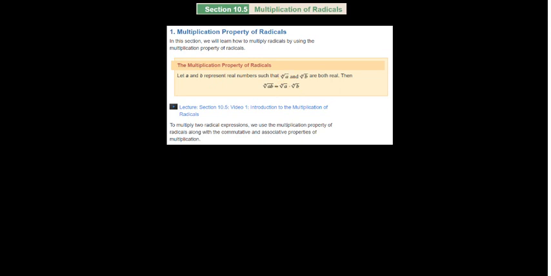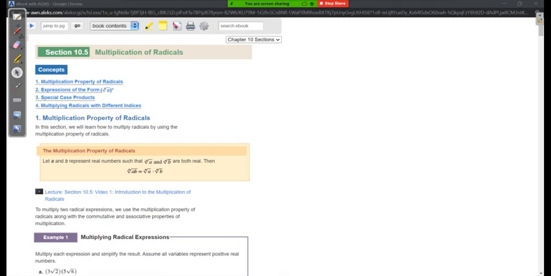To multiply two radical expressions, we use the multiplication property of radicals along with the commutative and associative property of multiplication. So basically what this is saying is that to multiply, you do it the way you've been taught, the way you've learned how to do. So nothing really changes, except now we just have radicals.